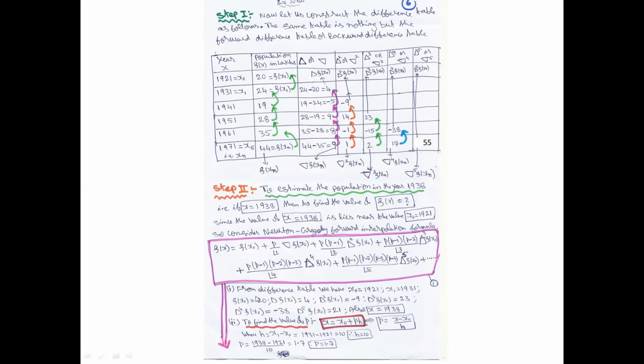Now let us see the difference table. I listed all the values. It is not compulsory; I listed it only for your reference. Without writing this step, we can straight away substitute the values. See here, delta to the power of 5 f of x naught.